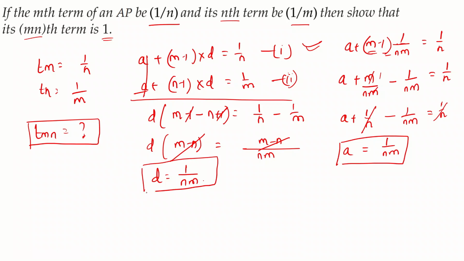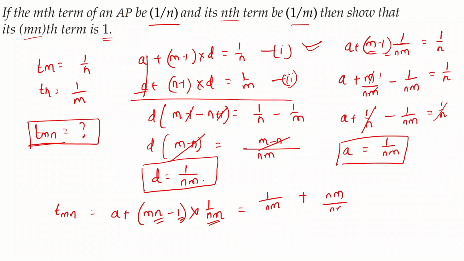Okay, no problem. Now all we need to do is find the value of Tmn. What is Tmn? Tmn is A plus mn minus 1, because in place of n we have mn, times D, 1 by nm. So the value of A is 1 by nm, plus, I split this across each of these terms, nm by nm minus 1 by nm.